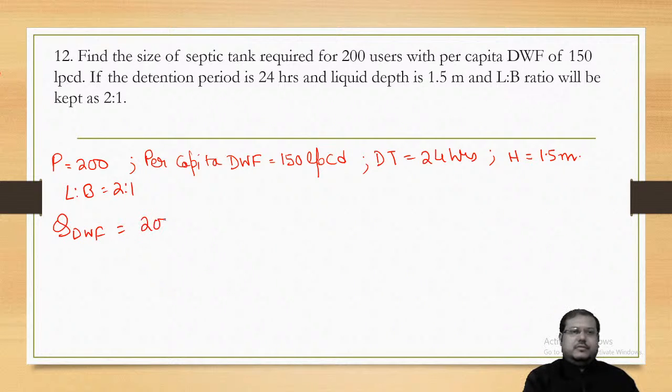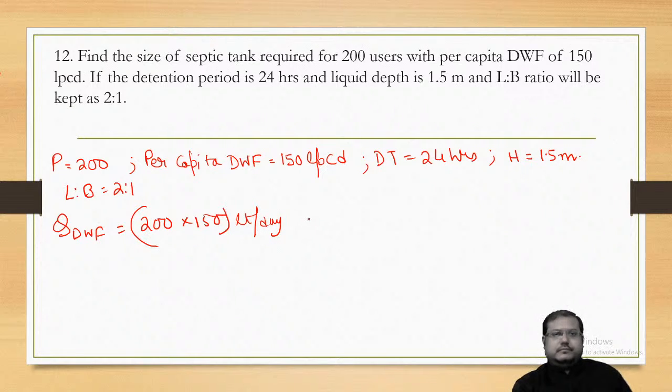This is population into per capita sewage flow, which comes to 30,000 liters per day, that equals 30 meter cube per day.